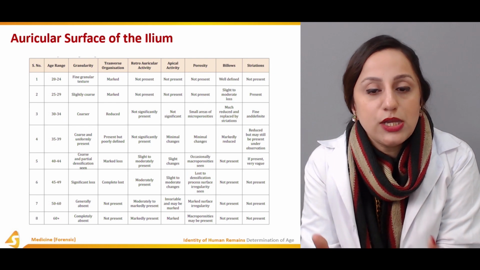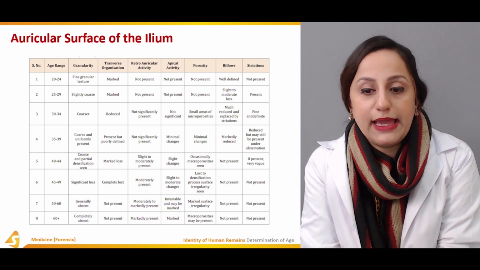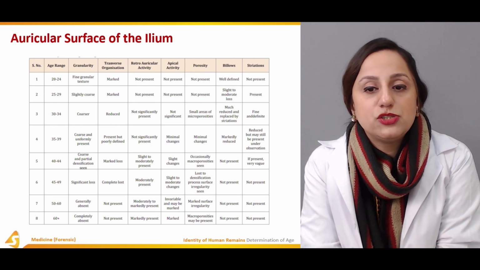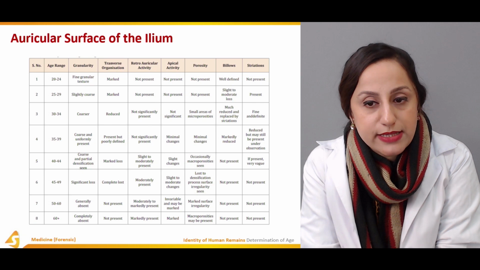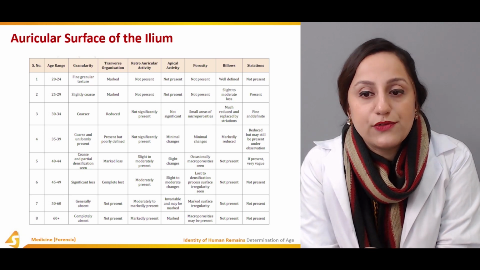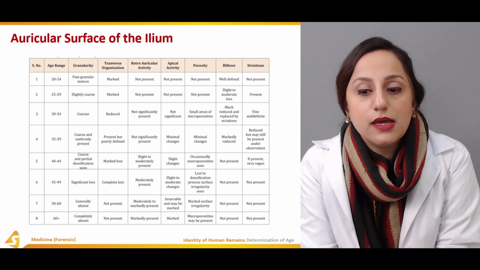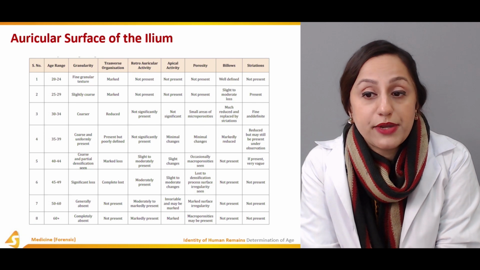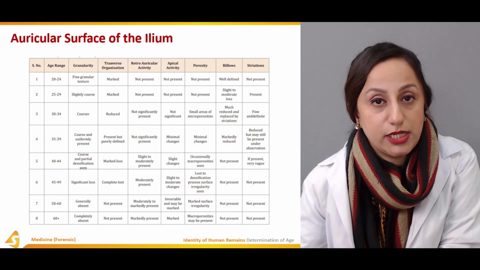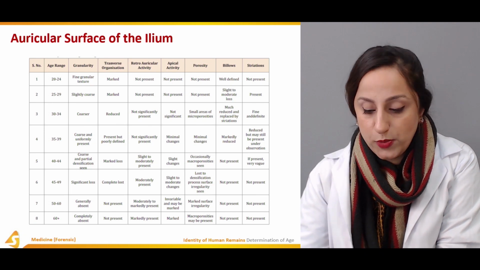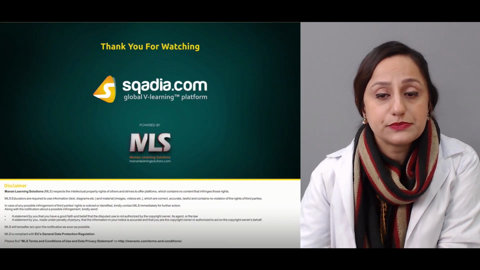As we go towards the aging process, the granularity is completely absent, the transverse organizations are not present, the retroauricular activity is markedly present at this level, and apical activity is marked, but the porosity may be present, the billows are not present, and neither are the striations. So these are the changes that happen along with the age of the person.